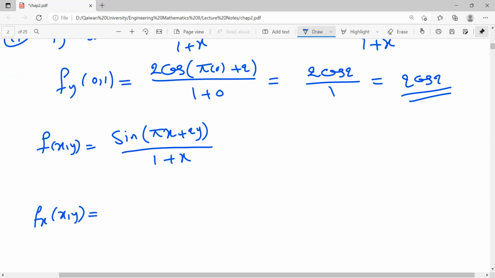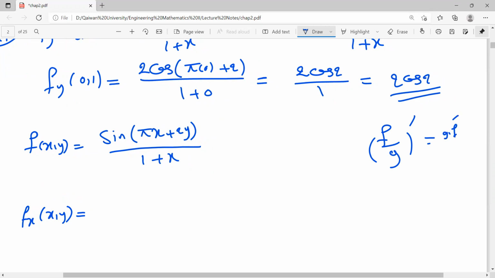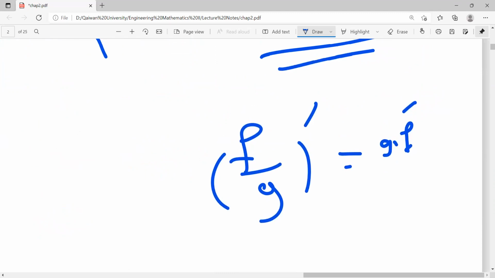Here we have x in both numerator and denominator. In the numerator we have x in the angle of sine, and in the denominator we have an x term also. We say if we have f dividing by g, its derivative is g times f prime minus f times g prime, dividing by g squared.